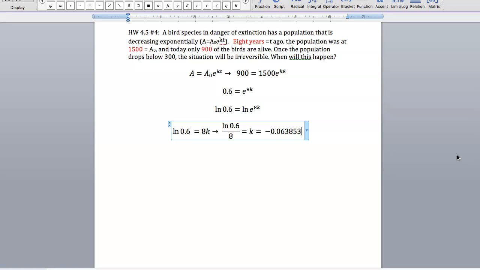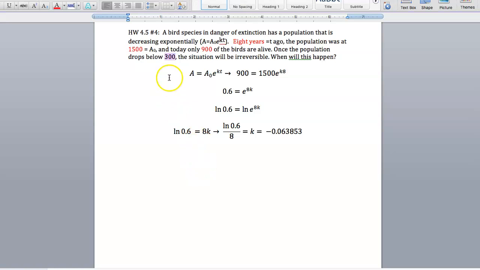Okay, well, great. Now I have a value for k, but we haven't really answered the question yet. So I'm going to come back up here and look at what else we know. We know that once the population goes below 300, that's a bad thing. Well, that's the ending population, like 900 was before.